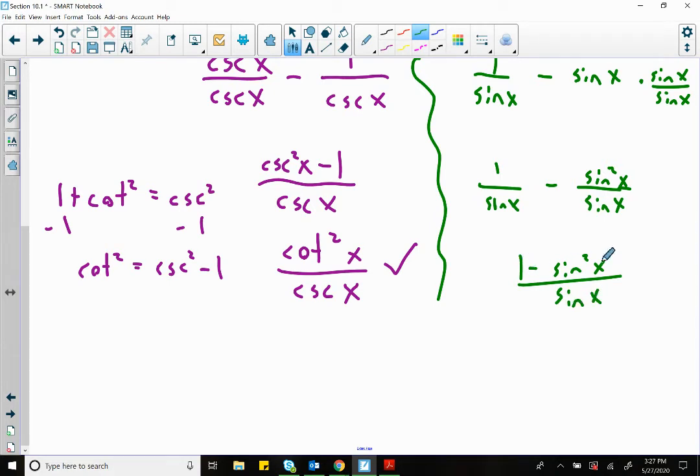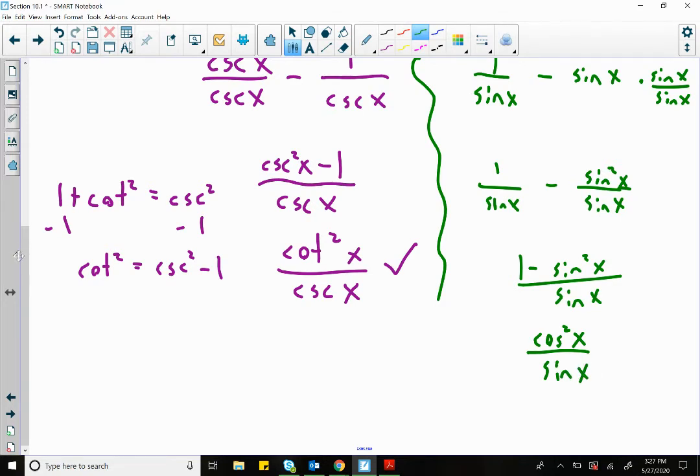Hey, but wait, we know what this is. We know that guy. 1 minus sine squared is cosine squared x. And down below, I have sine x.